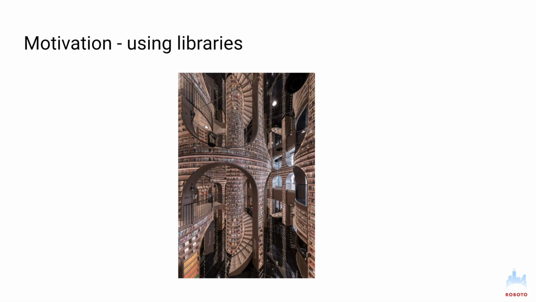Those libraries can be things such as UI components, networking libraries, data storage, extended functionality, etc. With a modularized code base, this is much easier to achieve since we are essentially already creating this concept of libraries. By the way, this is a library in China, which is not a rendered image, and if you haven't been there, maybe you can start planning for your post-pandemic trip.